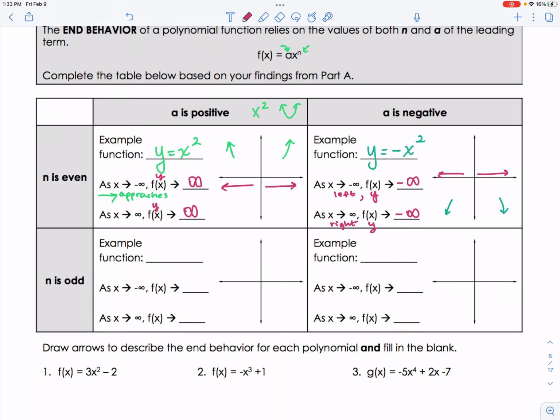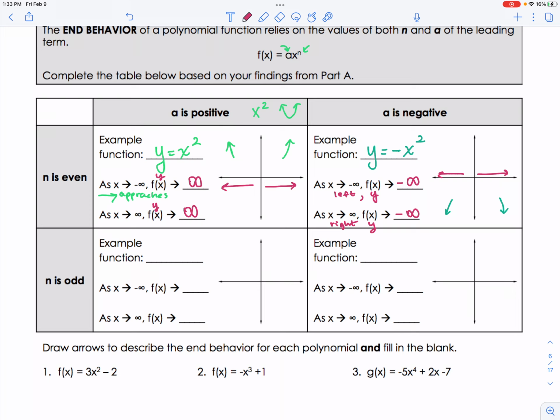So if I'm looking at an example when my a is negative and I think of y equals negative x, we think of a negative slope. We're going to be going down from left to right, so here to here. So here's my end behaviors. Again, when we're dealing with a polynomial that has an odd exponent and a negative a value, our graphs are going to look something like this. We don't know what's going to happen in between.